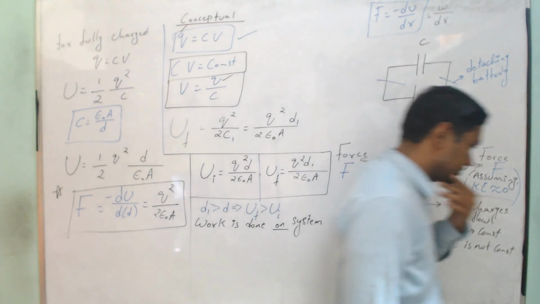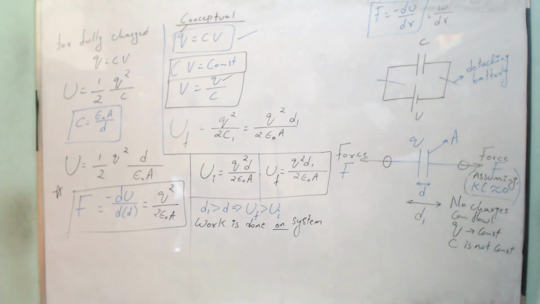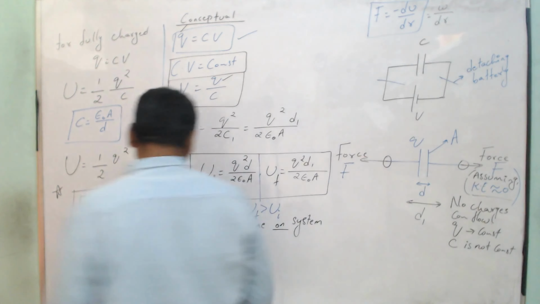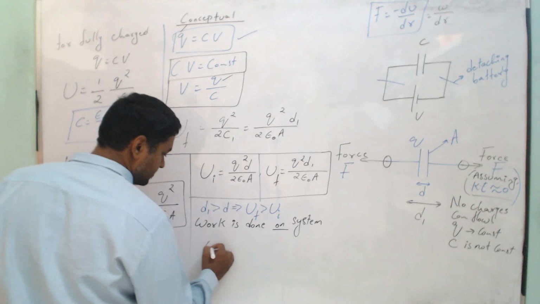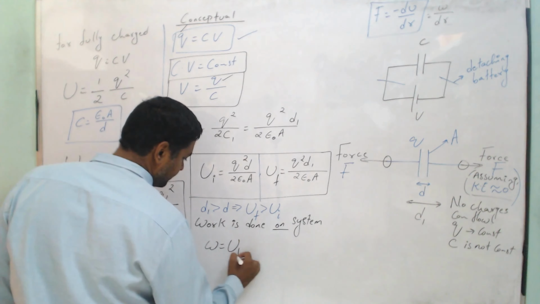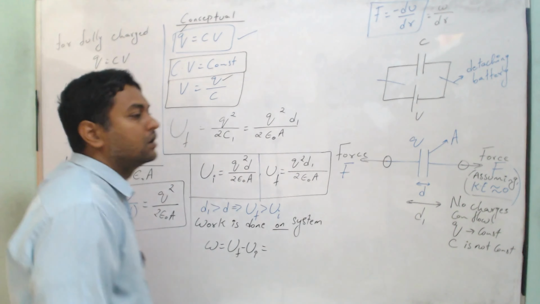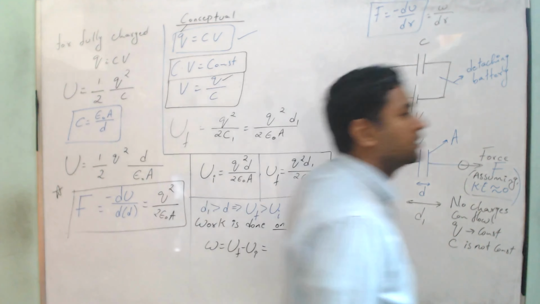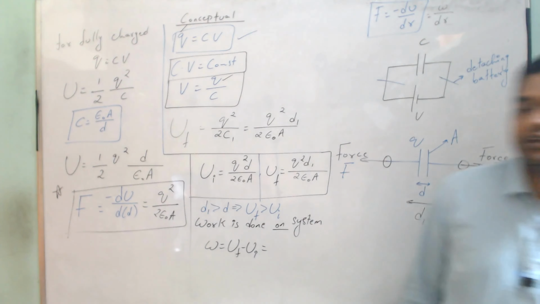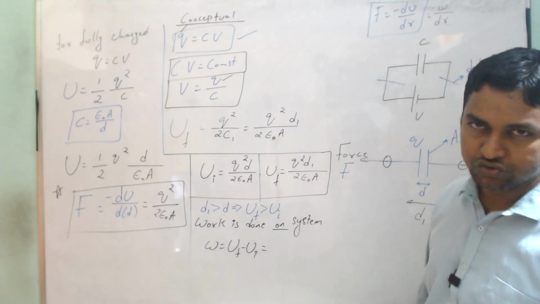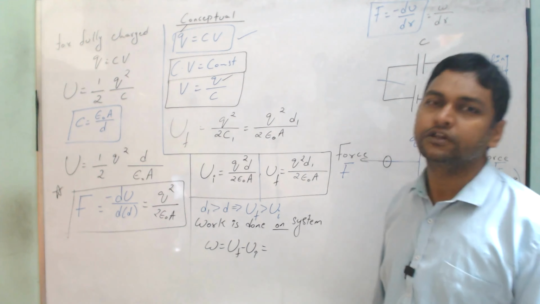So now, how much is the work done? Final minus initial. I don't have to fight it out because if I think of it in terms of laddus, there were 30 laddus initially. I gave 40 more laddus, total 70 laddus. So how many laddus did I give?